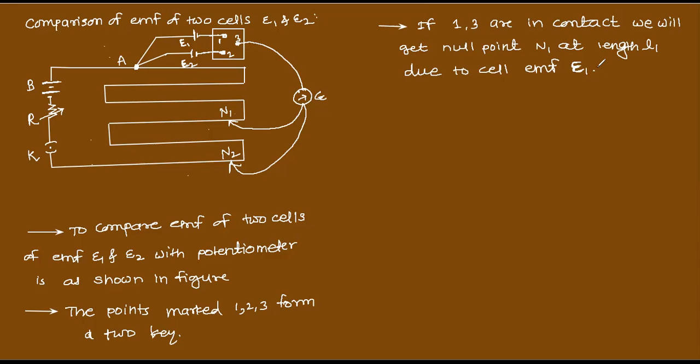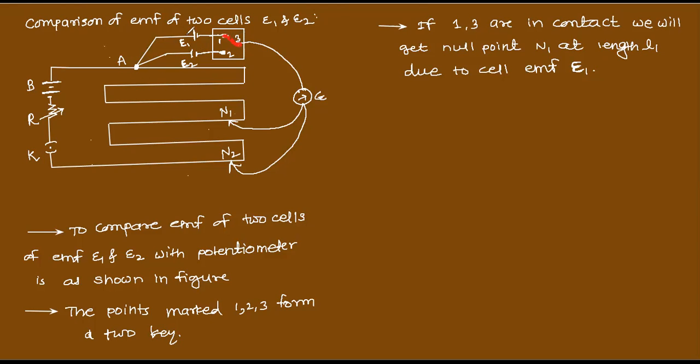See in the diagram, when this is in contact, I will use the color. So first I am using red color. You can see this is the red color. So first this is in contact, 1 and 3. So when this 1 and 3 is in contact, this is open.